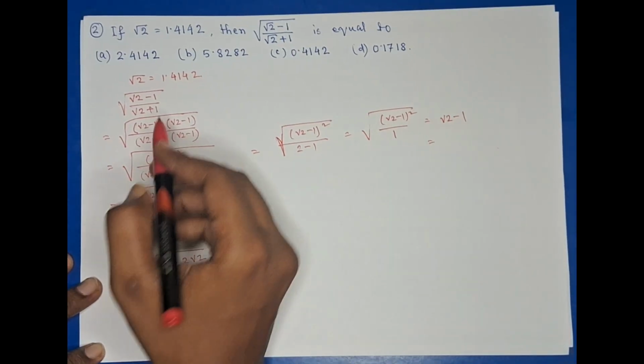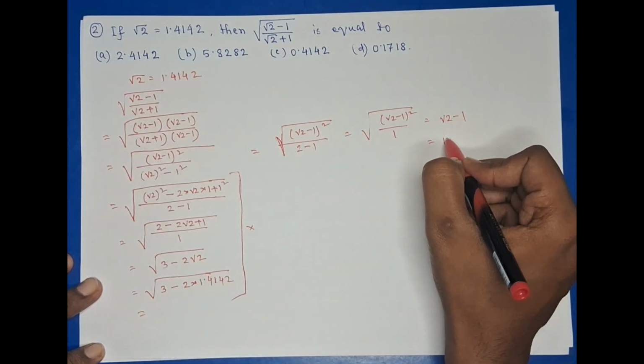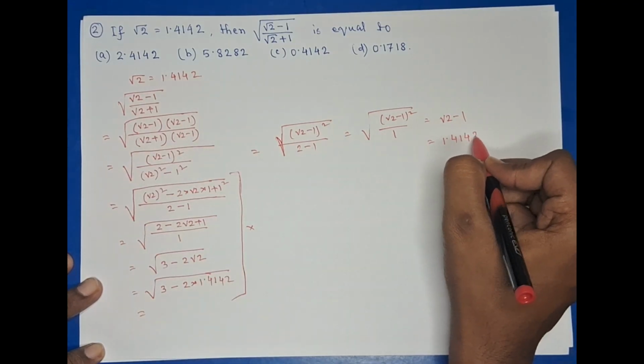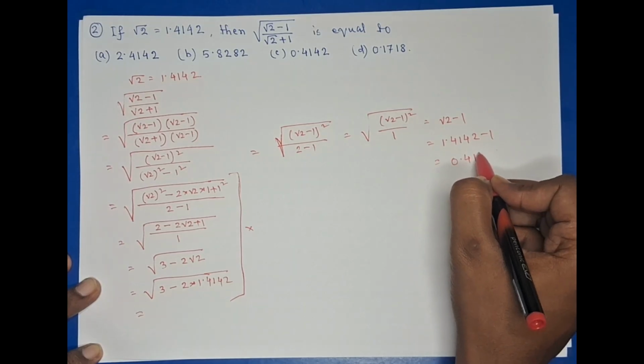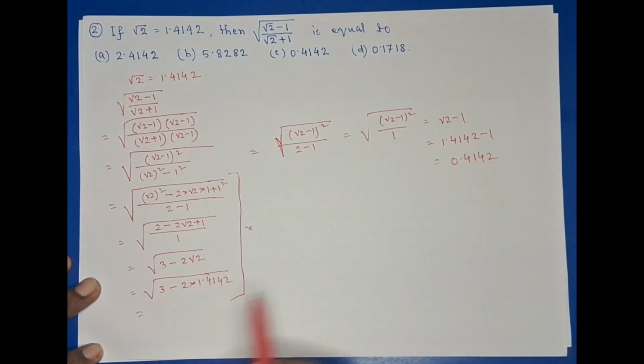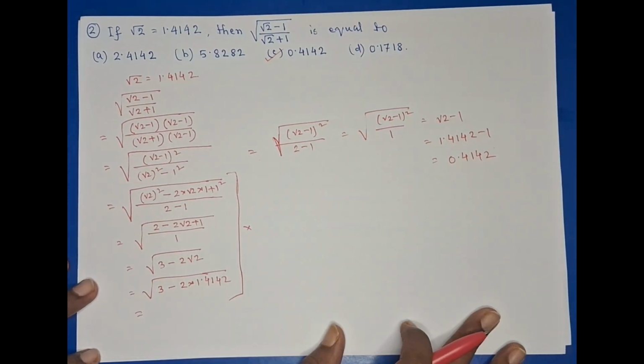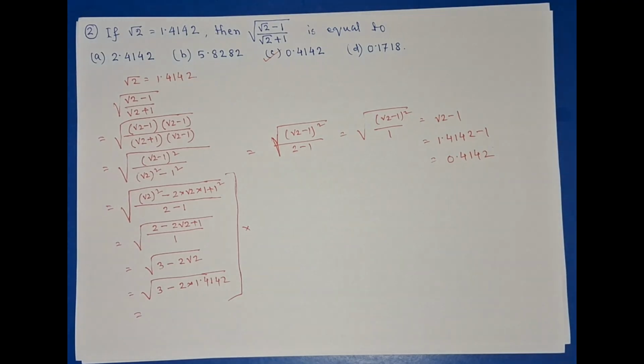Putting the value of root 2 as 1.4142 minus 1, that is equal to 0.4142. So we are getting the answer C. You have understood? Okay, let us go to the next problem.